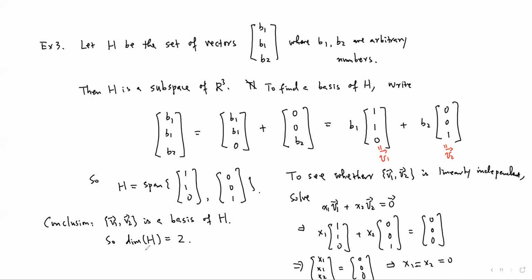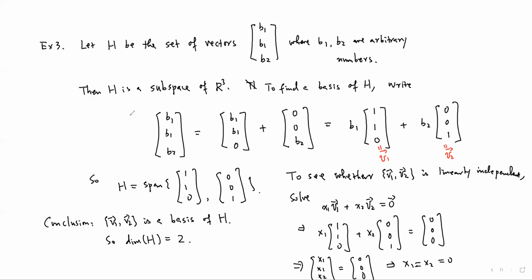If you plot the graph of H in R3, you will see a plane. The plane passes through the origin and through the point 1, 1, 0, and also the point 1, 0, 0, 1.